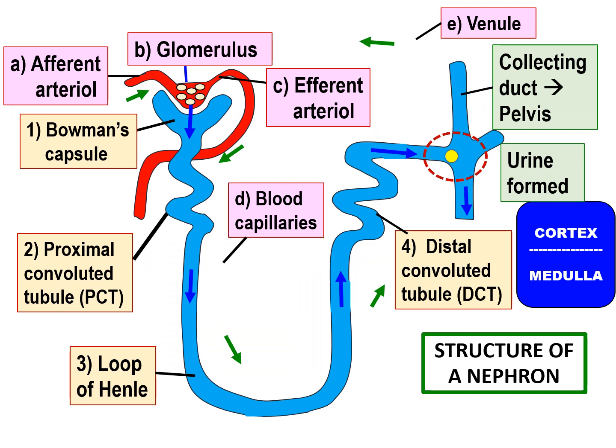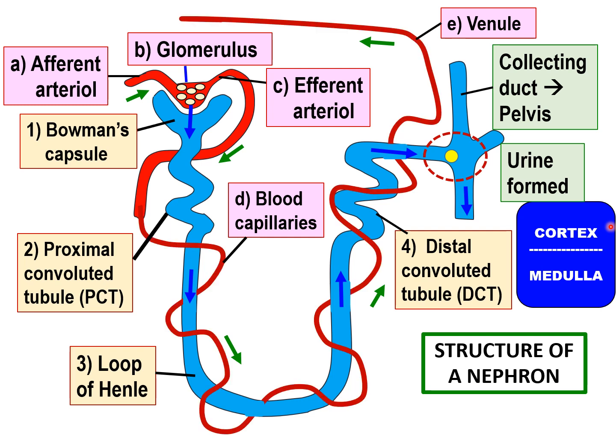So this diagram shows you the nephron, and then after you draw the nephron, you can draw in the system of blood capillaries using a red ink pen or red color pencil. Right? So the blood flows from the afferent arteriole to the glomerulus, and then to the efferent arteriole, and down through all the blood capillaries that form a network surrounding the nephron and intertwined with the nephron.